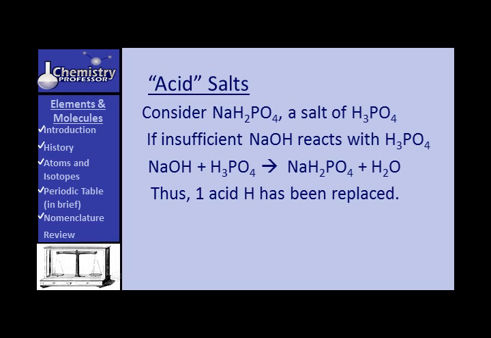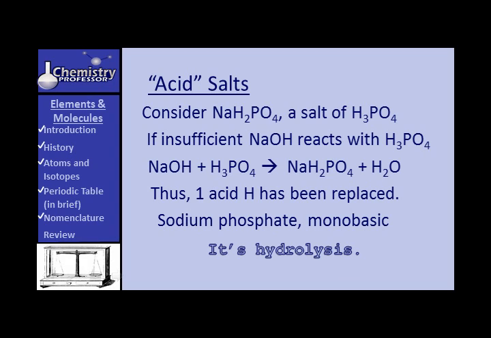Then that one we would call sodium phosphate monobasic. And let me remind you, this is just a way of looking at it. This name is a very real name, and why it comes up with that actually has to do with hydrolysis. But that is a subject that we'll get to significantly later in the course. If you got a way to look at it, go back and review it and find a way to remember it.